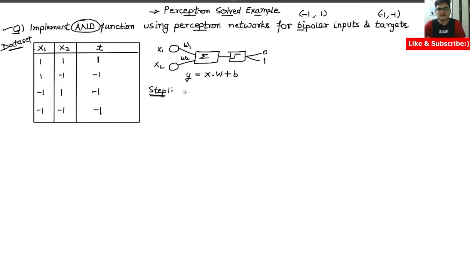All right, so now step one of solving this problem is to make some assumptions, right? The assumptions are that we will first initialize all the weights as 0 and even the bias as 0, right?